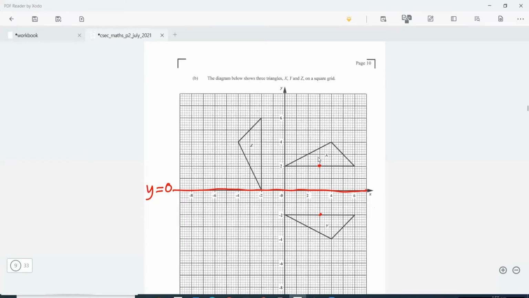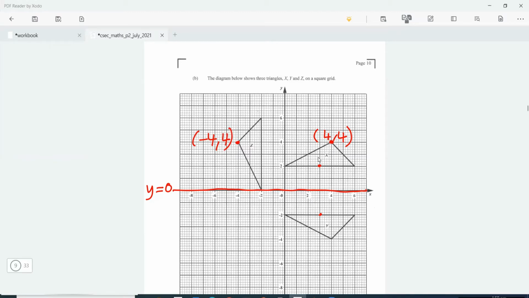So triangle X is this one, and it is mapped to triangle Z. Now let's have a look at what happened right here. If I were to take a point on triangle X, like this point right here, this is the point (4, 4). And if I look at triangle Z, I notice that this is the point where x is now -4 and y is still 4.